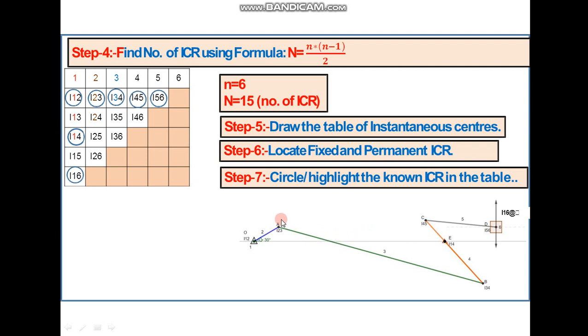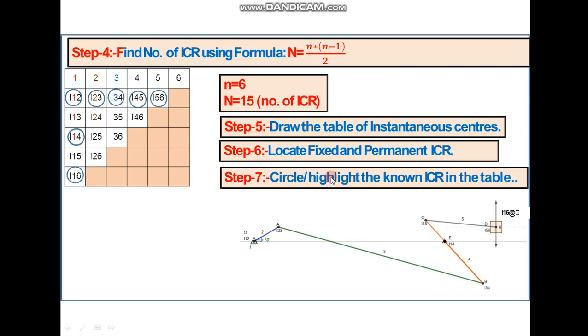So 2 and 3 have the junction A, so 2, 3 is I23; 3, 4 junction is B, that is I34; 4, 5 junction is C, that is I45; 5, 6 junction is D, that is I56. So I23, I34, I45, I56 are the permanent ICRs. They are also shown by circles. Remember, the ICRs we find here need to be circled in the table.